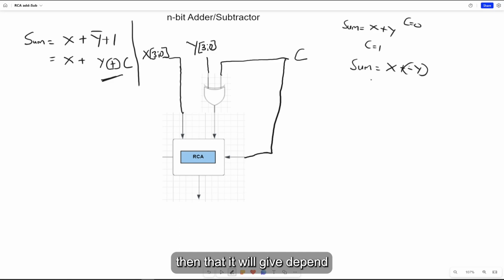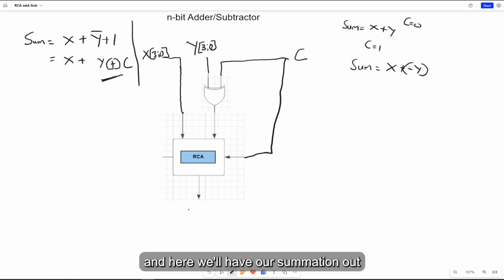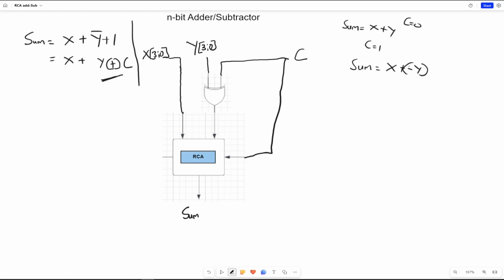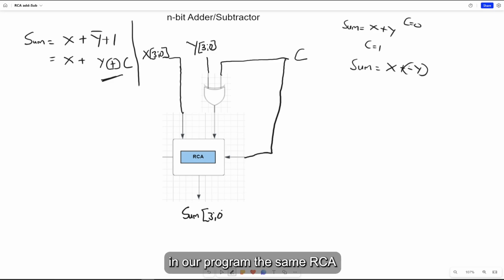Then it will depend if it's 1 or if it's 0. And here we'll have our summation out. We're going to use in our program the same ripple carry adder, and here we'll have our carry out.